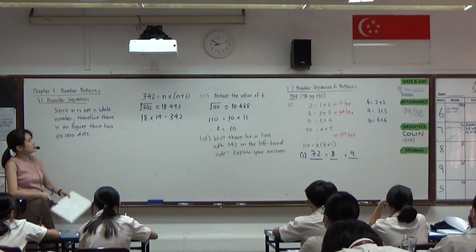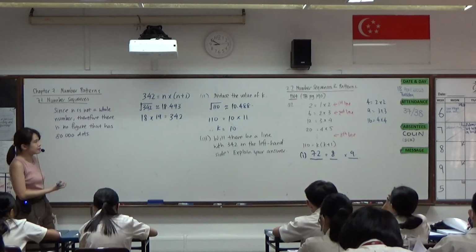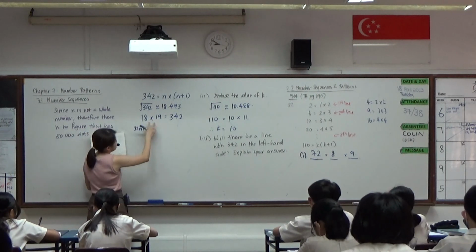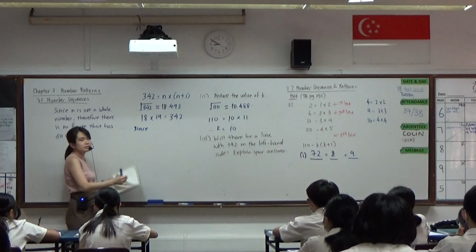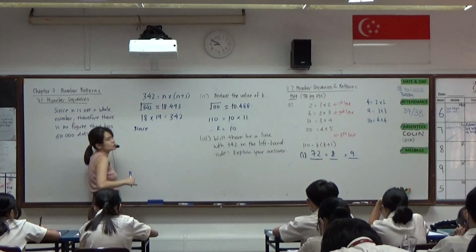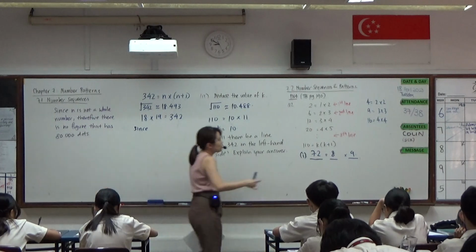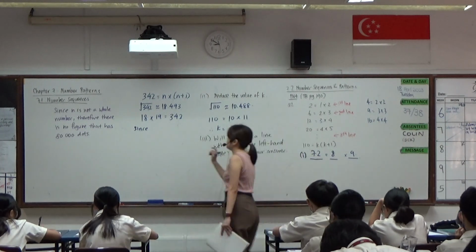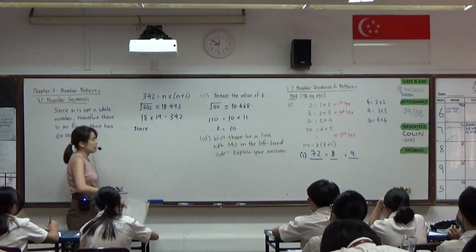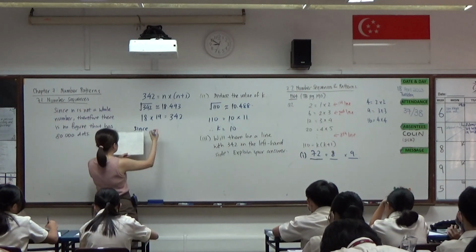So it is just a coincidence that I'm able to find this. Because we can get two numbers that are consecutive and that result in 342, following the pattern that we have over here, that means there will be a line with 342 on the left hand side.